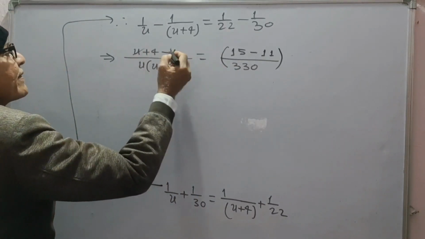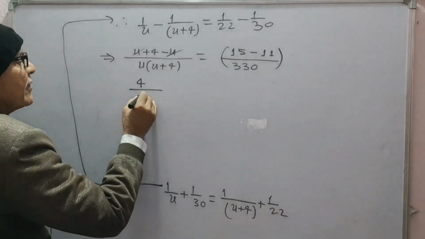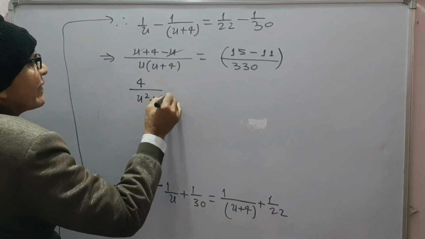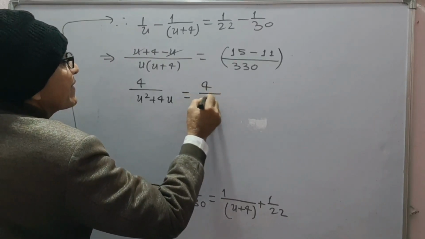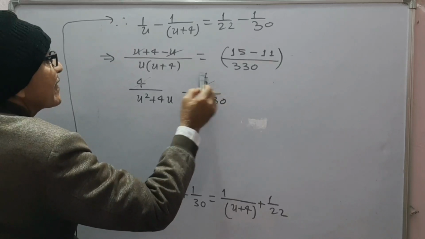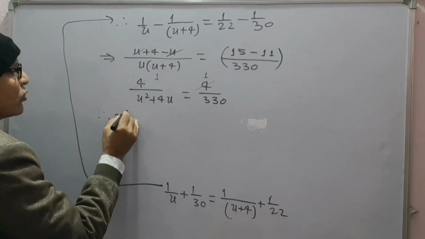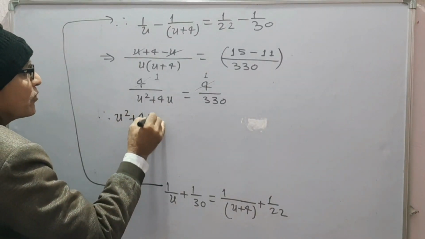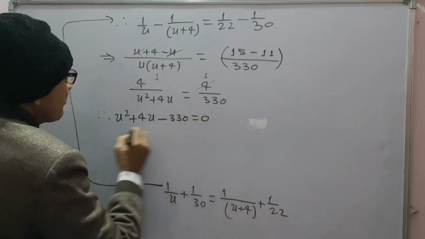U cancels out and we get 4 upon u square plus 4u is equal to 4 upon 330. 4 also cancels out and cross multiplying we get u square plus 4u minus 330 is equal to 0.